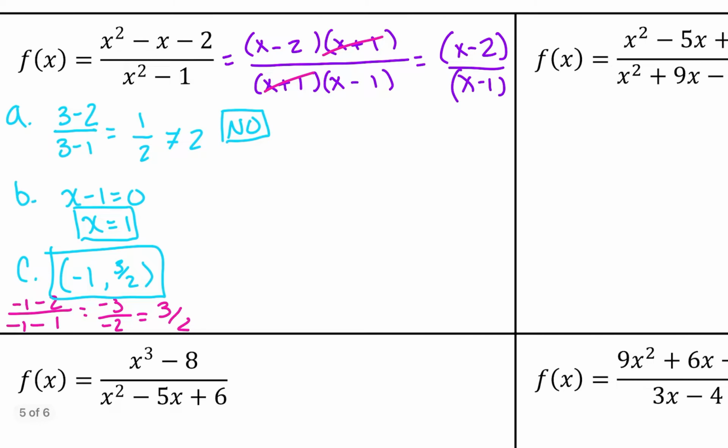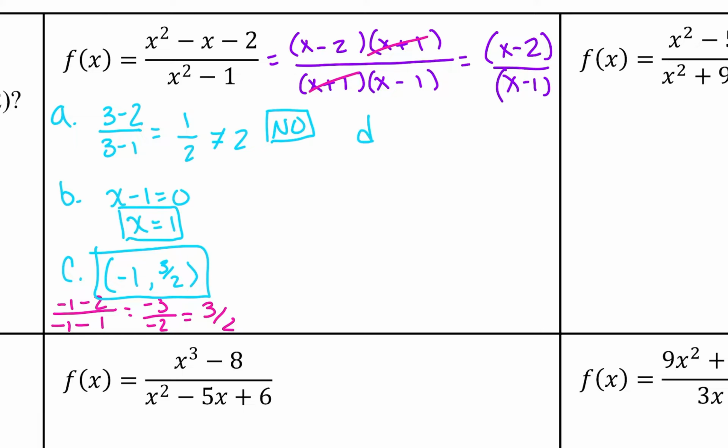D said identify all the horizontal asymptotes. Horizontal asymptotes are the ones that we use the rules. Remember, we said if the numerator is bigger than the denominator, there is no horizontal asymptote. If the denominator is bigger, then we have y equals 0 as our horizontal. And if they end up being the same power, which is what happens here, these two things both have an exponent of 2.